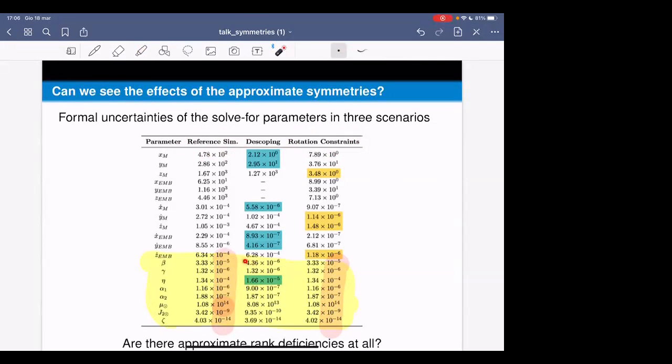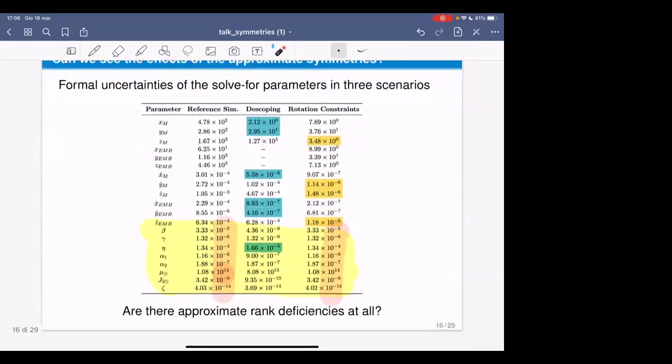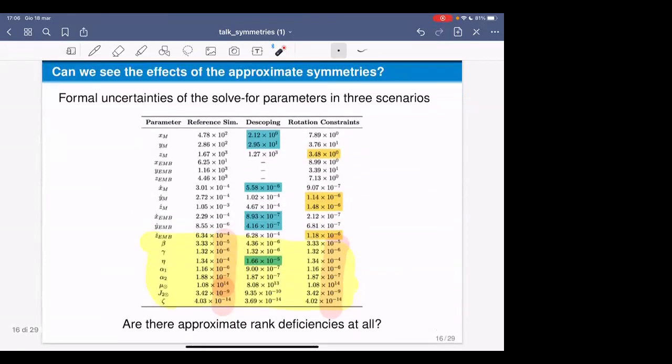Of course, there is an improvement if we do the descoping, because there are 3 parameters fewer in the fit, and so obviously everything improves. But it should improve if there were an approximate rank deficiency due to the rotation. It should improve all these uncertainties as well. So the question is, are there approximate rank deficiencies at all?